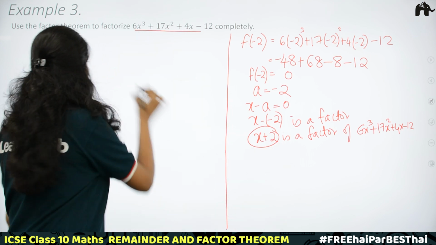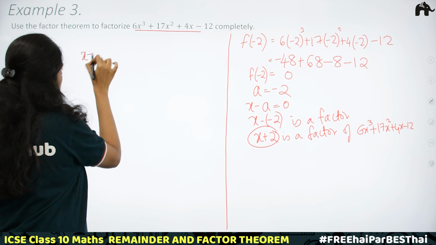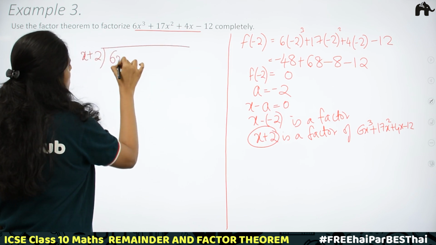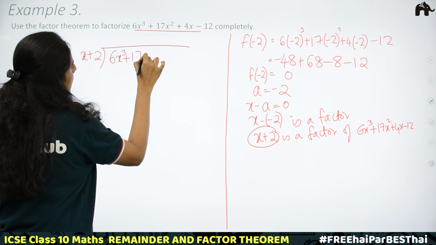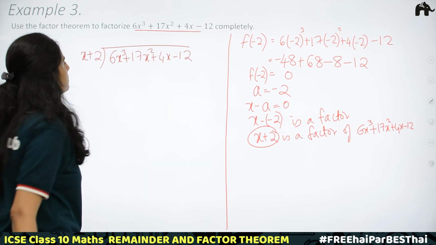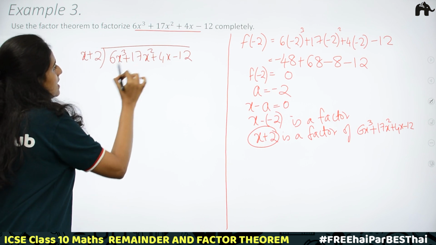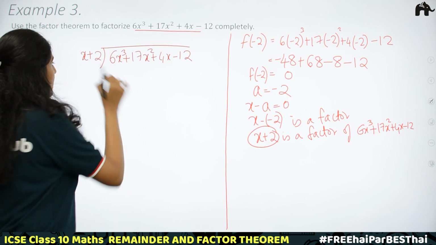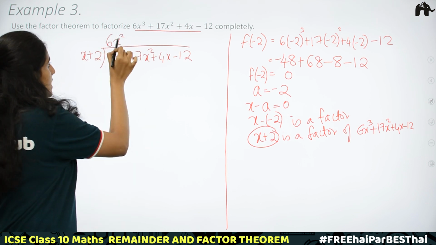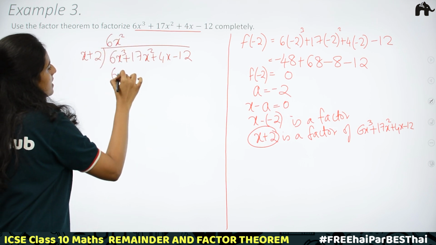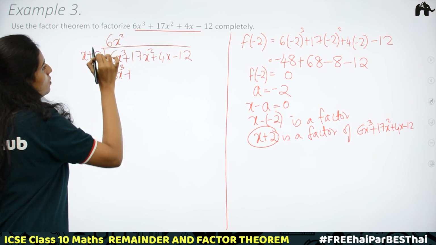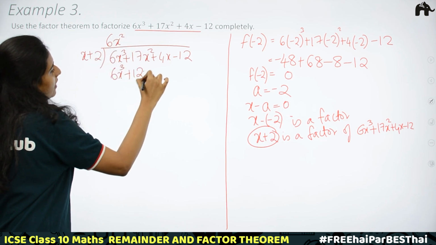Okay, here the divisor is x plus 2 and the dividend is 6x cube plus 17x square plus 4x minus 12. Okay, to get 6x cube, we have to multiply x and 6x square. Okay, 6x square into x is 6x cube plus 6x square into 2, that is 12x square.